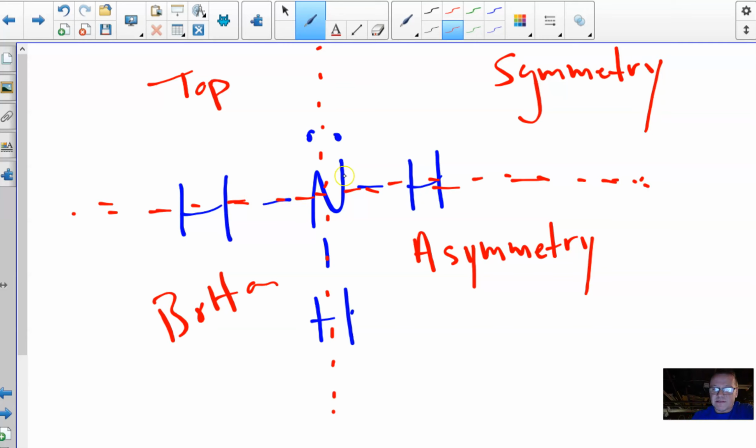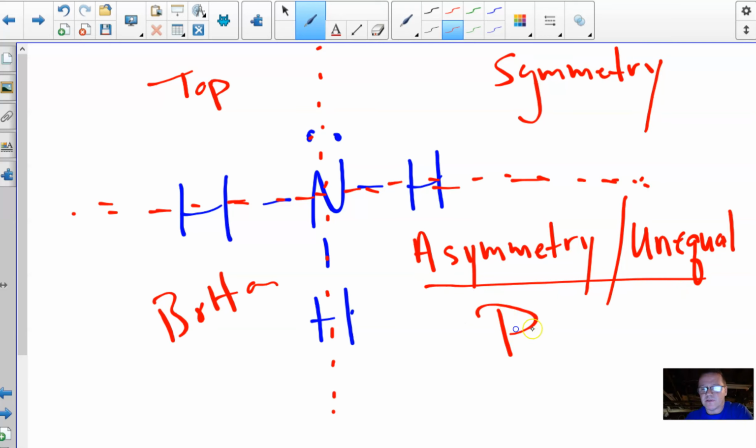If I've got a lone pair up here and a hydrogen down here, obviously this nitrogen has got these additional electrons up there. So there is an unequal sharing going on. So anytime we have something that is asymmetrical as a Lewis structure, that's an indication that there's an unequal sharing going on. And then guess what? That means that we have a polar molecule. So if it's asymmetrical, it's going to be polar.